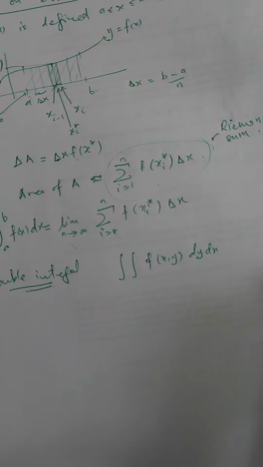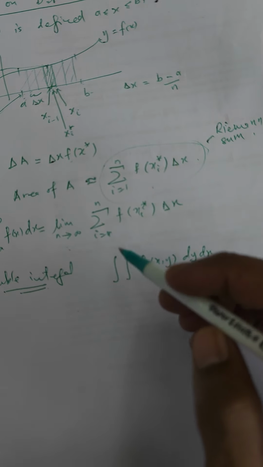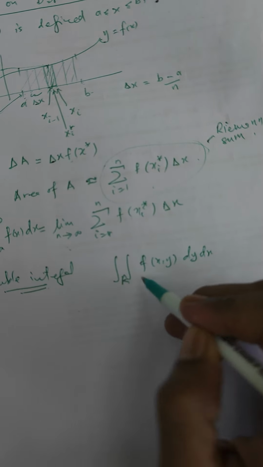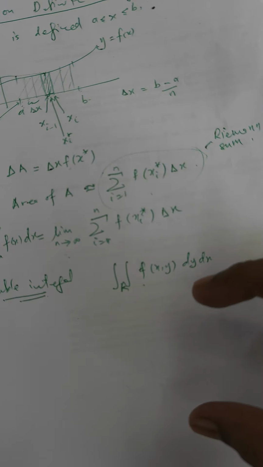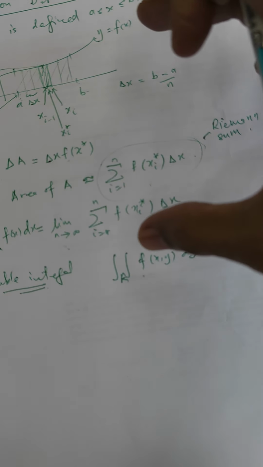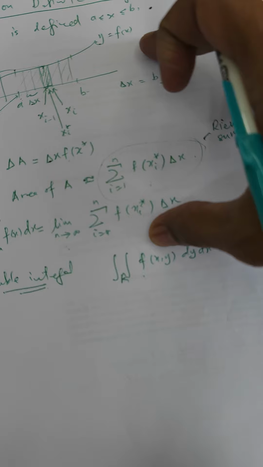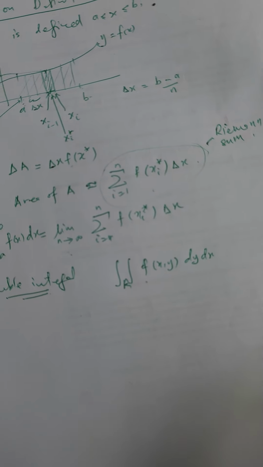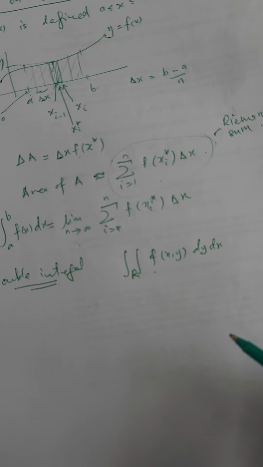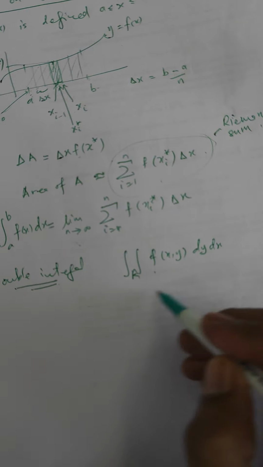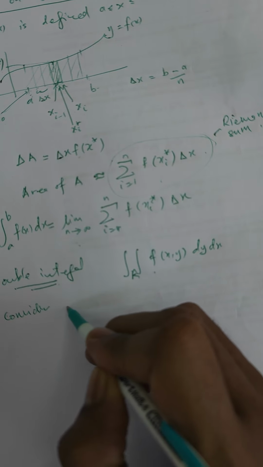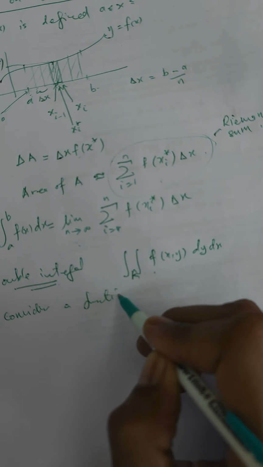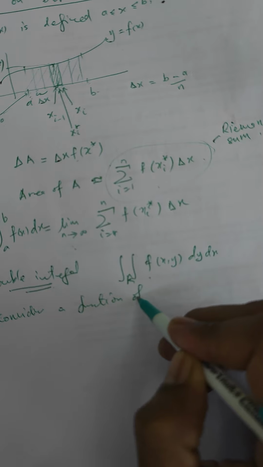Here we integrate over some region R, and I will describe what the region R is. What we do in this case is just extend the concept of a single integral. So for the double integral, we consider a function of two variables.